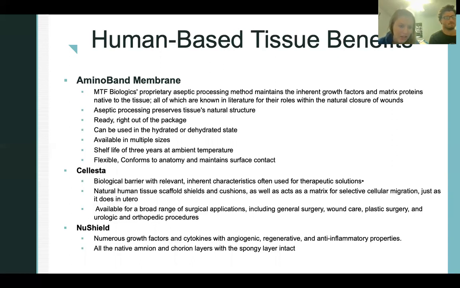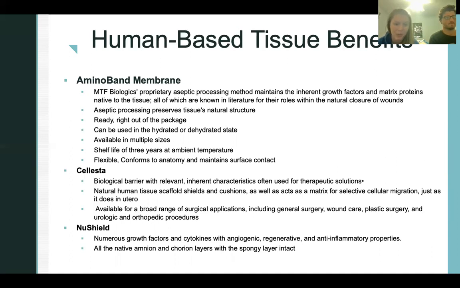Celesta is a biological barrier with relevant inherent characteristics often used for therapeutic solutions. It has natural human tissue scaffold that shields and cushions, as well as acts as a matrix for selective cellular migration, just as it does in utero.